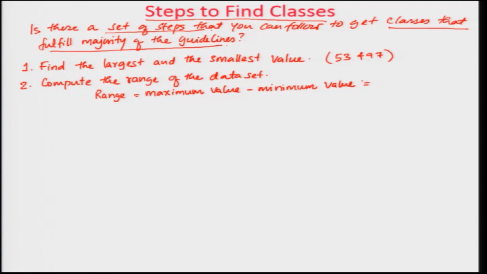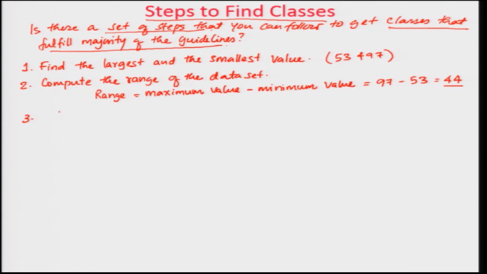So in this case it will be 97 minus 53. How much will it be? That will be 44. Yes. So 44 is the range of the data. So from 53 to 97, you find the difference between the largest and the smallest. All right.